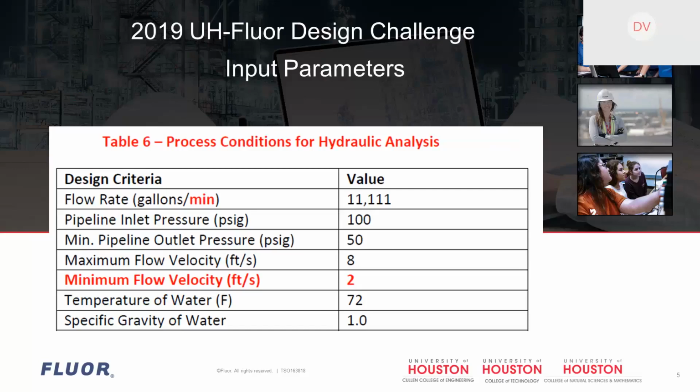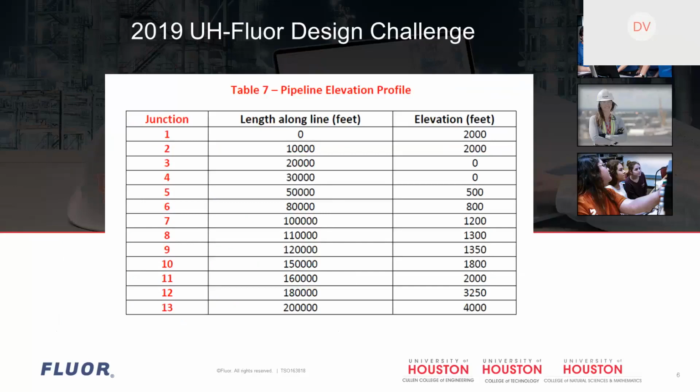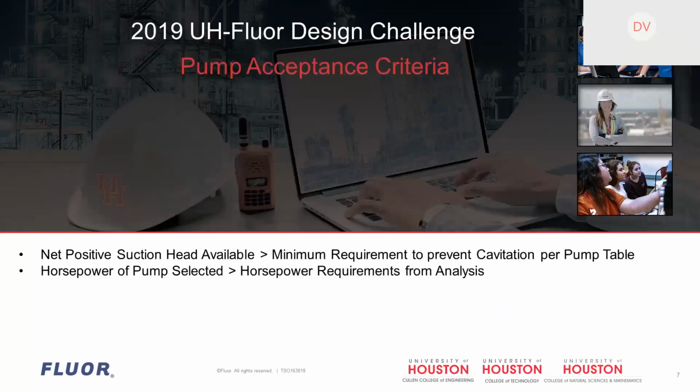And as I go through the rest of the actual document, you'll see more of the red text, and I'll go into the design challenge to show that as well. But what you'll be looking for is, for the performance of the pump, we're going to look at two aspects of pump acceptance.